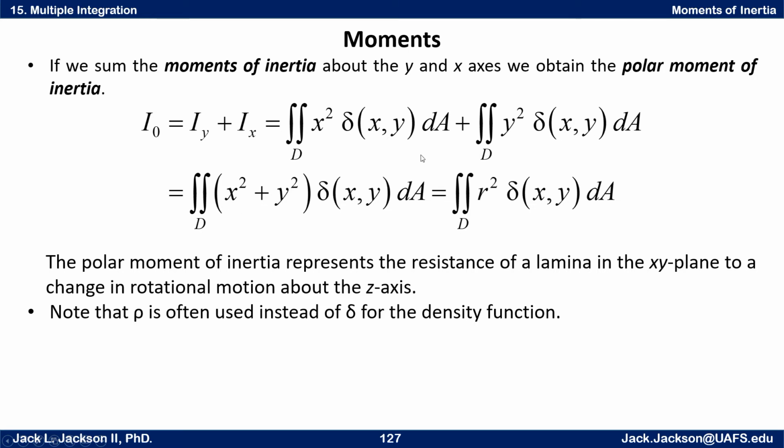That's just the integral of x squared plus y squared times the density, or r squared times the density. r is our polar distance, so that's why this is sometimes called the polar moment of inertia. It represents the resistance of a lamina in the xy plane to a change in rotational motion about the z-axis. Notice that rho, this Greek letter, is often used instead of delta.